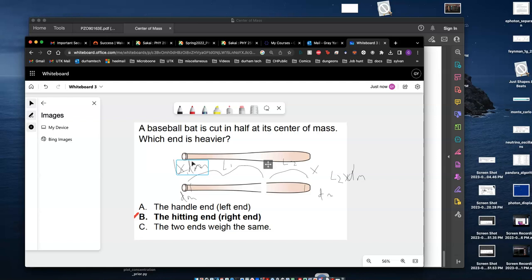So that's an unintuitive bit, but you can work it into what we're going to be doing with torque and such.